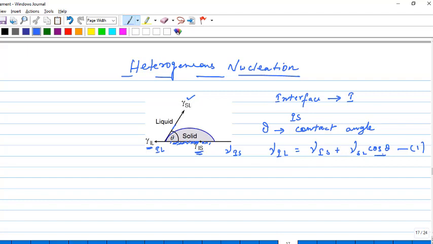So it's all about the surface energies here.